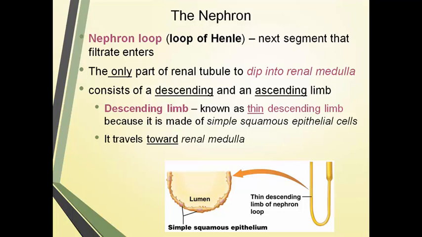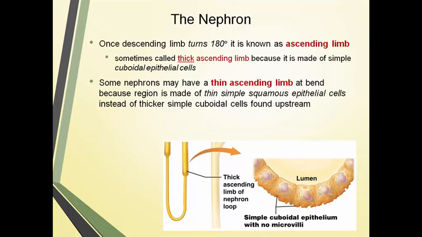Notice on the opposite side you have the ascending limb, so it makes a 180-degree turn and then begins to ascend up, but this time the histology changes and you have simple cuboidal epithelial cells that are part of the thick ascending limb.